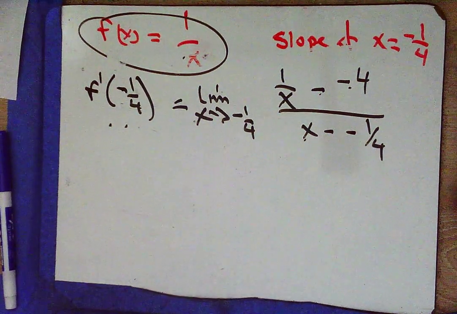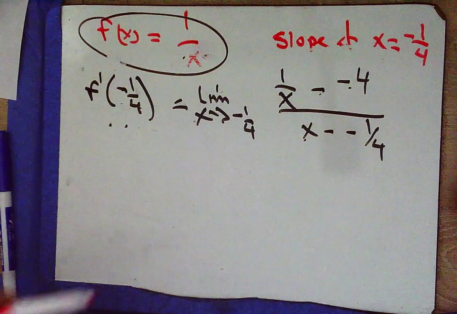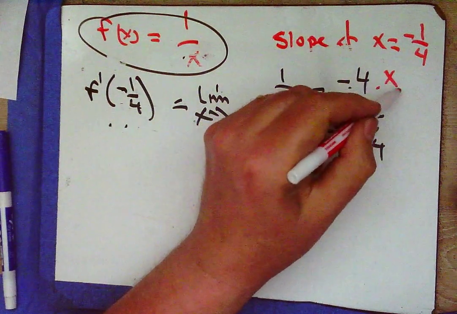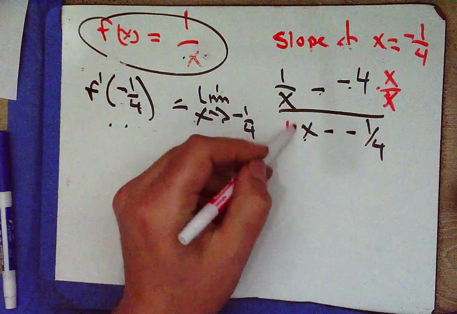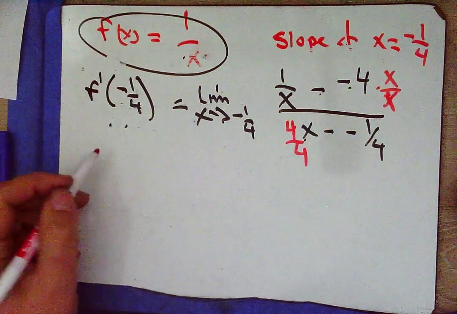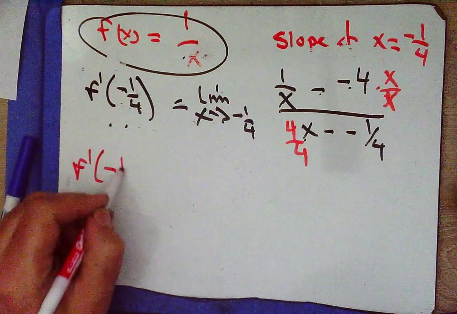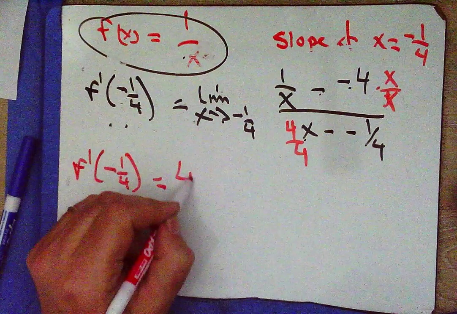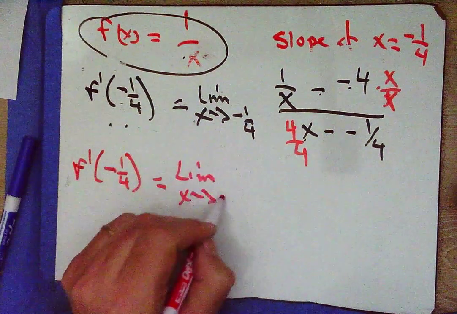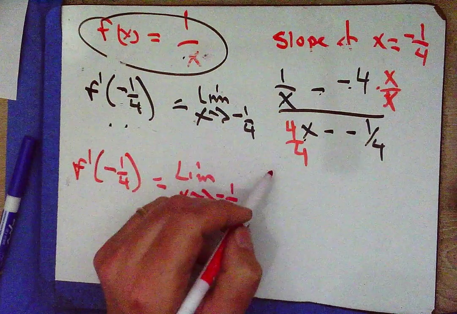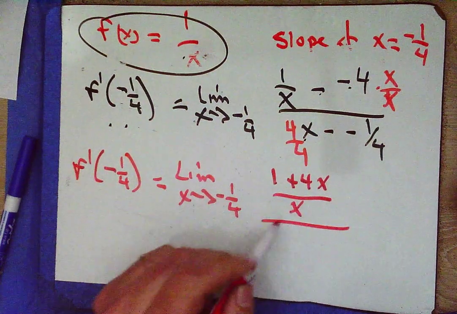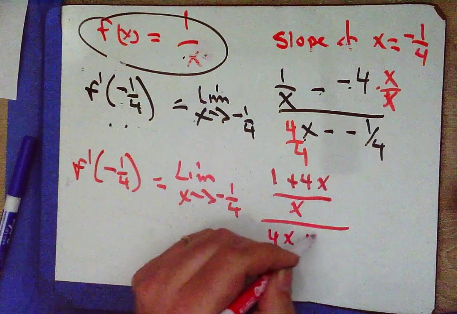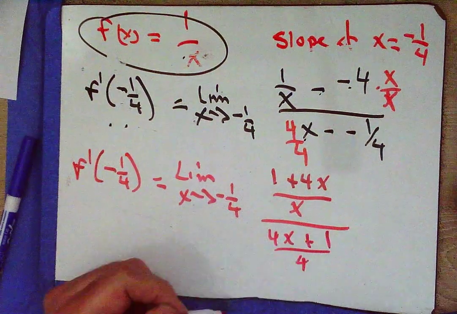So clearly, I'm going to need to do some algebraic manipulation here, like multiply this by x over x. And here, 4 over 4. So now, f prime of negative 1/4 equals the limit, as x approaches negative 1/4, of (1 plus 4x over 4x) over (x plus 1/4).